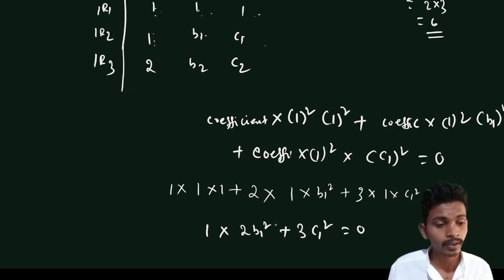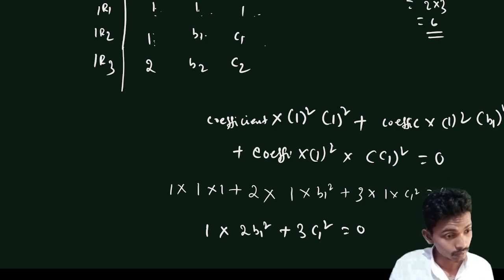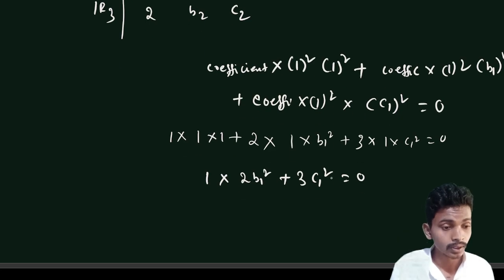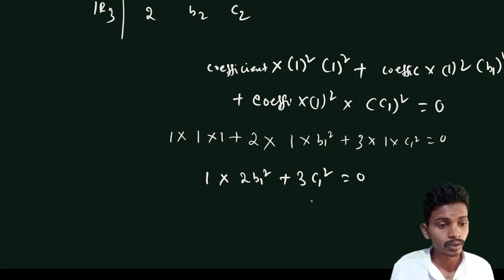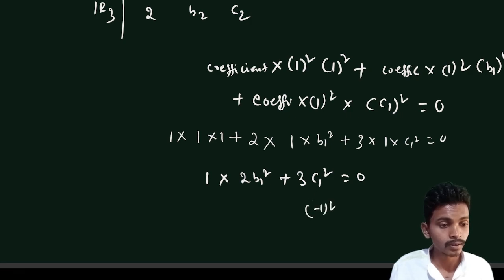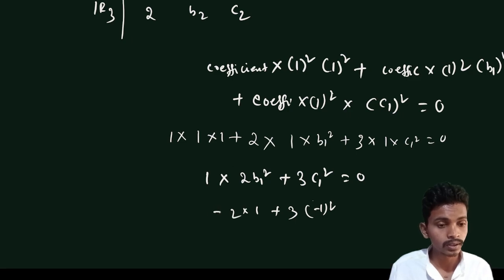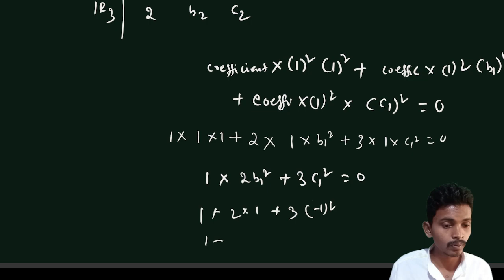Let's say this is minus 1 into 3, and this is 1 into 2, and this is 1. Then what will you get? 1 plus 2, and you get plus 3.